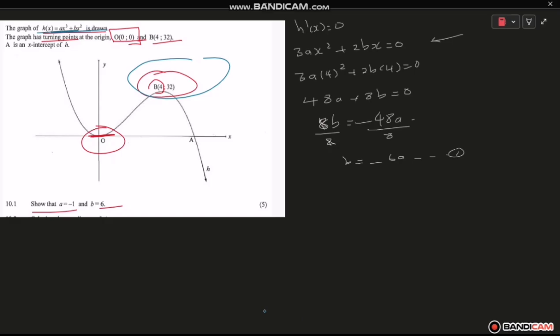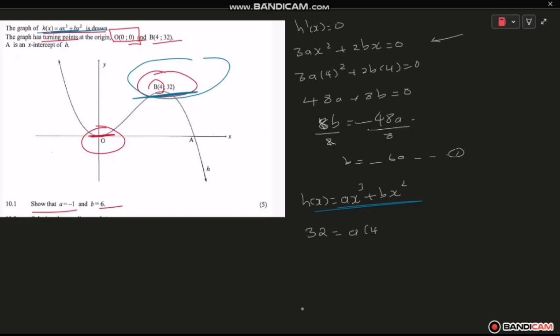Therefore, take the entire point (4; 32) and substitute it on the graph of h, the original graph. Why? Because if you substitute (0; 0), you'll only be proving that the left hand side equals right hand side. You can even try it. So let's take this point and substitute it on the graph of h as it is, because 0 and 0 will never help us.